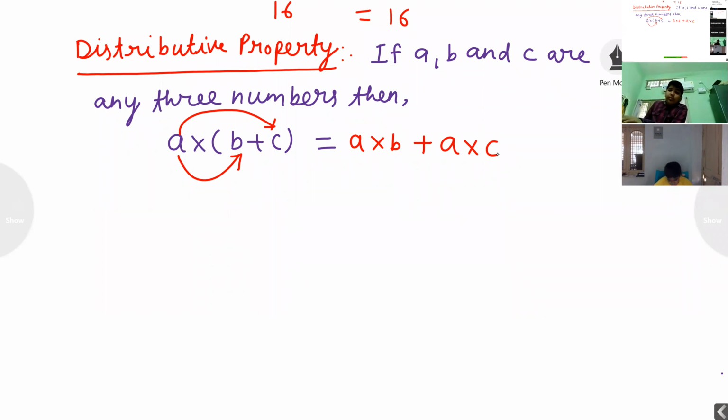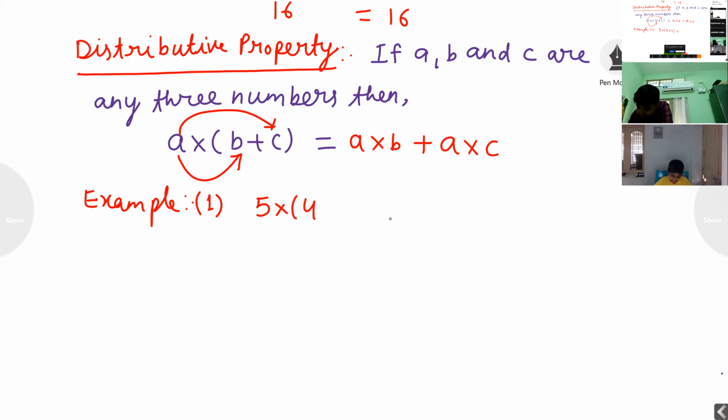A into B plus C is equal to A into B plus A into C. Example, I'm writing one example, 5 into 4 plus 3.